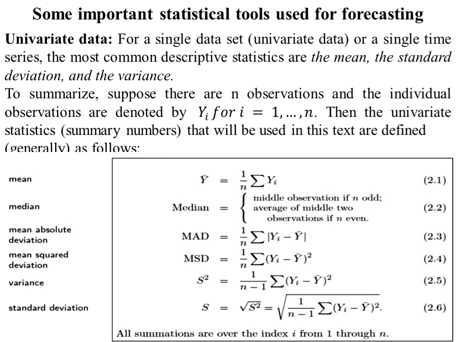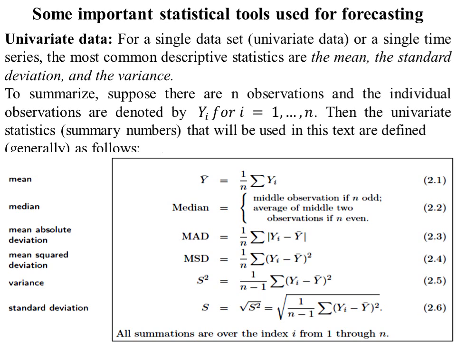To summarize, suppose there are n observations and the individual observations are denoted by yi for i from 1 to n. Then the univariate statistics or summary numbers that will be used in this text are defined as follows. As we took in past years, there are measures of central tendency.